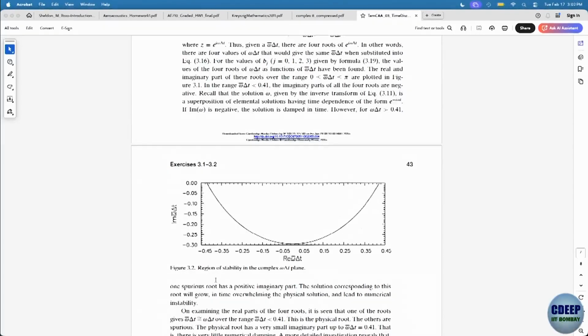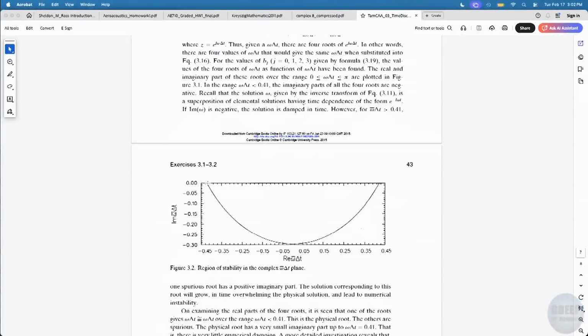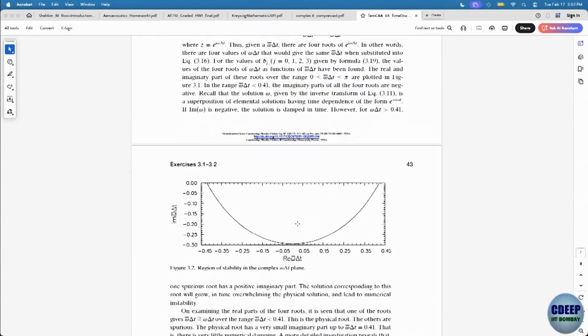Then the recommendation is that your choice of delta t should be such that your omega bar delta t lives within this arc. Okay, so it's somewhere here.